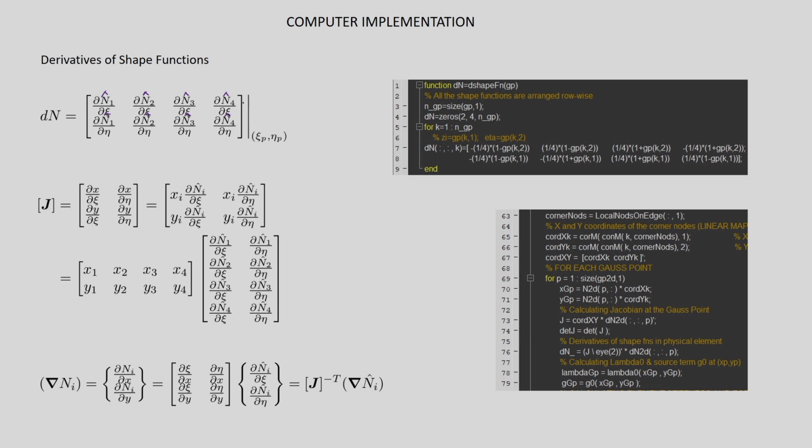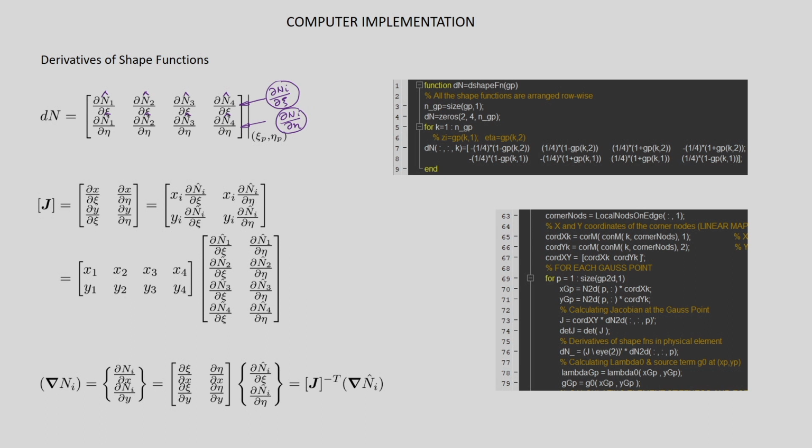We have arranged it so that the first row corresponds to the derivatives of the shape functions with respect to xi, and the second row corresponds to the derivatives of ni's with respect to eta.